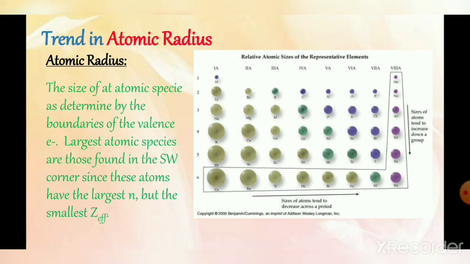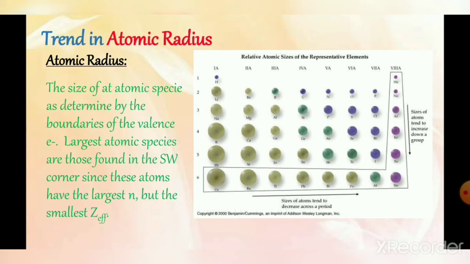If we consider here, the size of atoms tends to increase down the group, that is, the atoms have the largest n but the smallest Z effective.